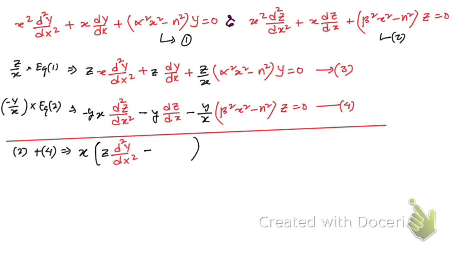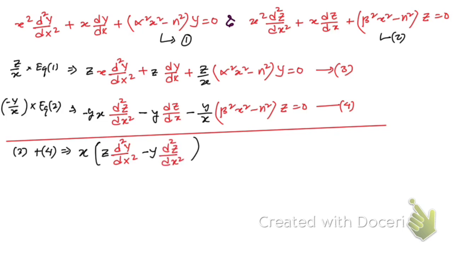Then minus, as there is minus y, and minus y, then second order derivative of z with respect to x. That's what we're gonna have.